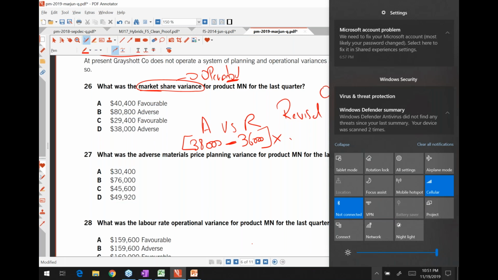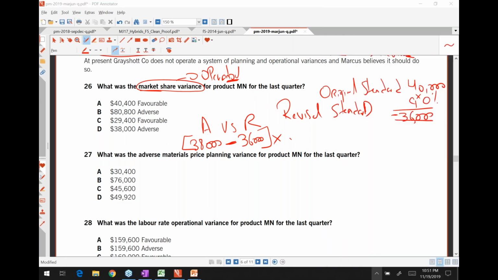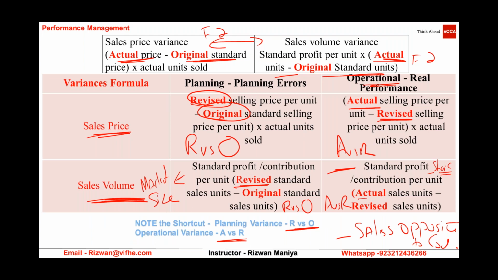Multiplied by the standard profit or contribution. See, you can see here actual sales minus revised sales into profit or contribution. So what do I have to use here?